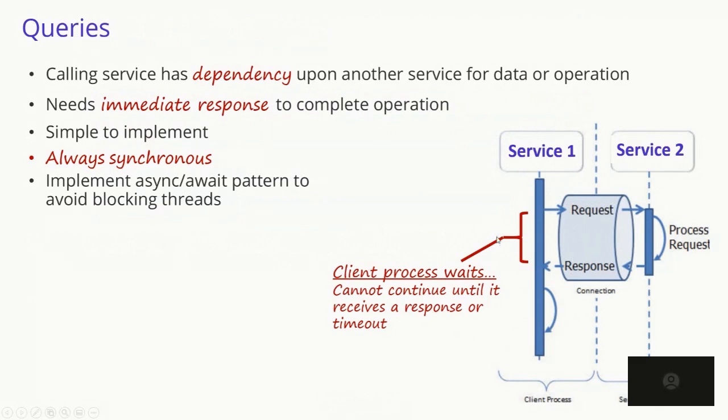Service 1 waits while service 2 is processing the request, and then one of three things is going to happen. Ideally, service 2 will send back an immediate response with the answer service 1 needs, and service 1 can complete the operation and be done. Or service 2 could send back some type of status code that says this was unsuccessful.